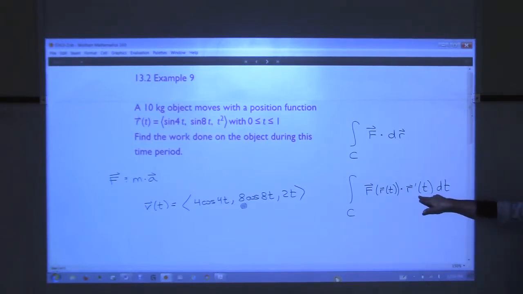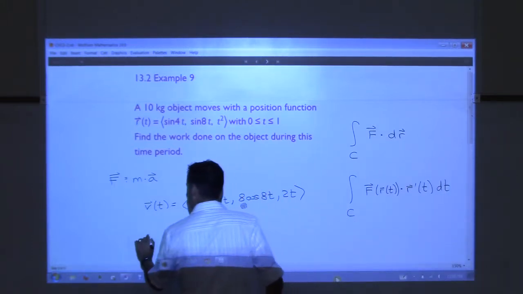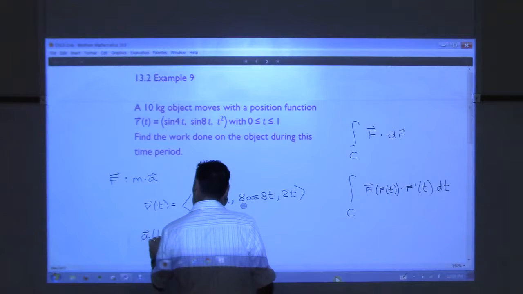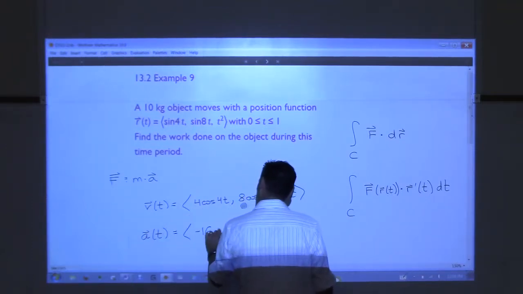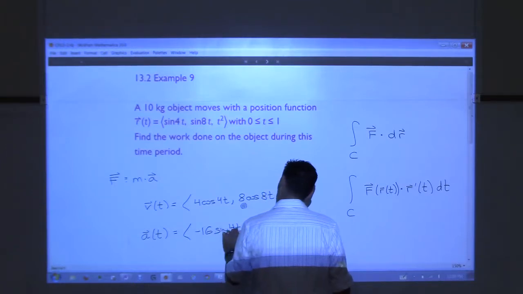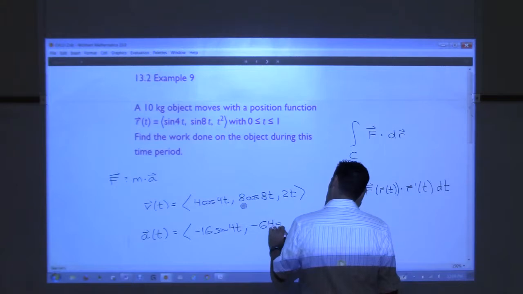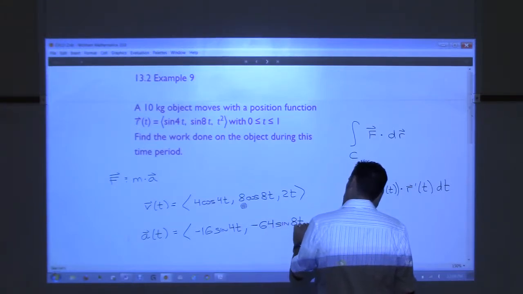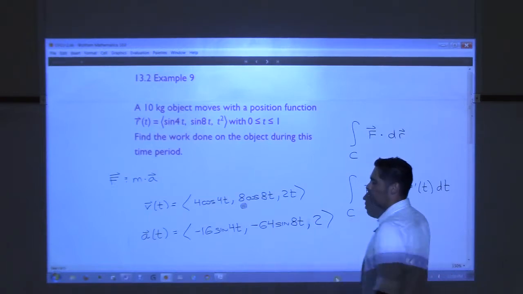That also happens to be r prime of t, but in terms of what we learned about position of objects, that's the velocity. The acceleration function is the derivative of that, which will be negative 16 sine 4t, negative 64 sine 8t, and then 2. Agree?